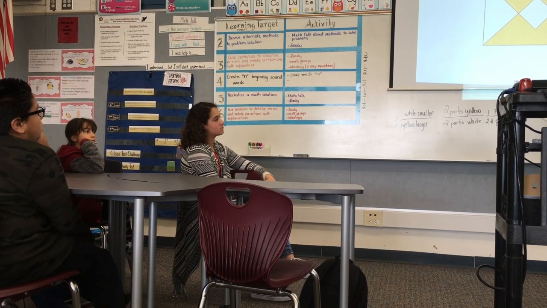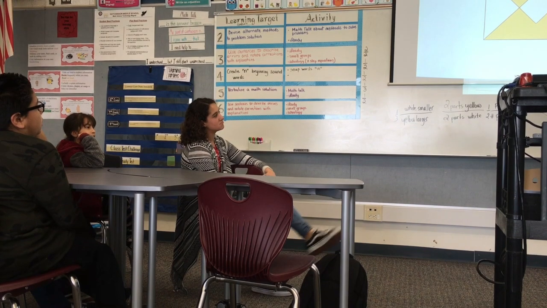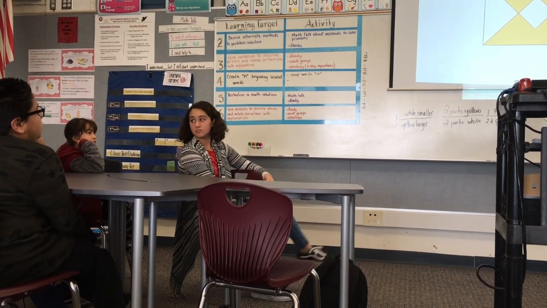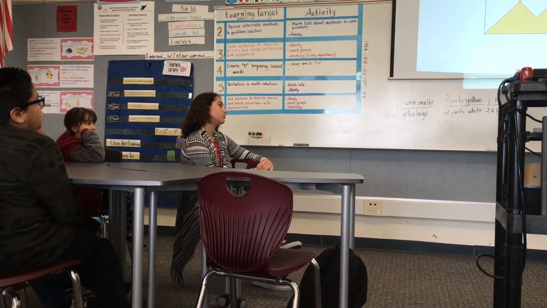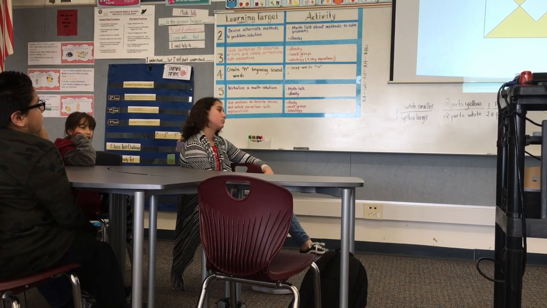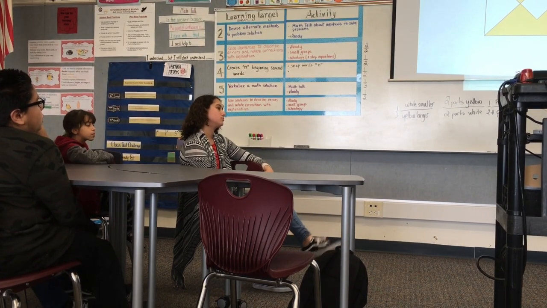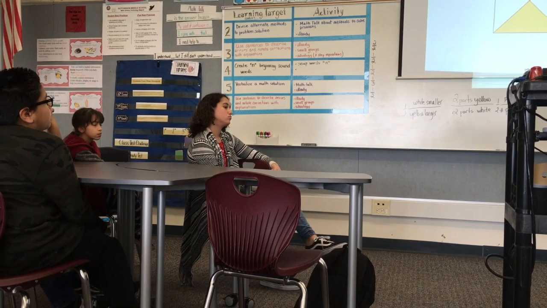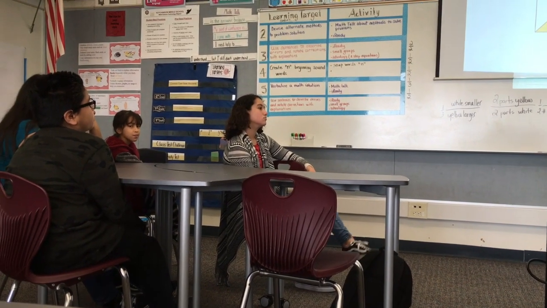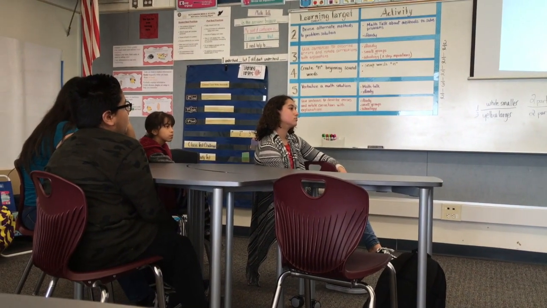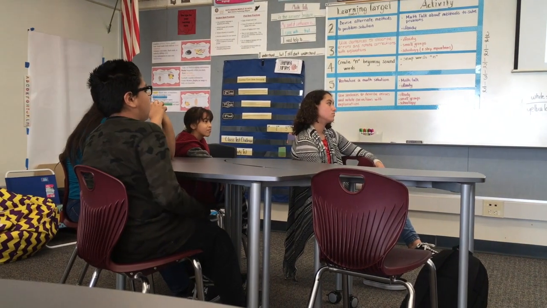Is a fraction always considered half? What's a fraction? Can anybody tell me what a fraction is? What does it mean to have a fraction? What does all of that mean? Anybody know? Start with the simple parts.